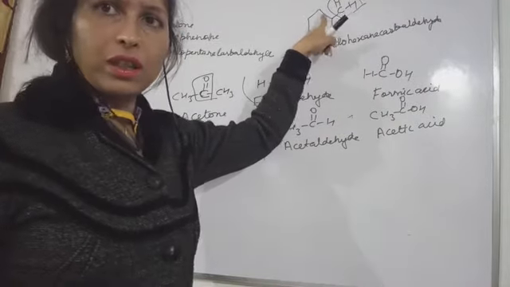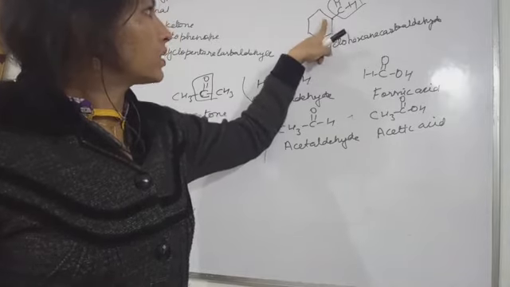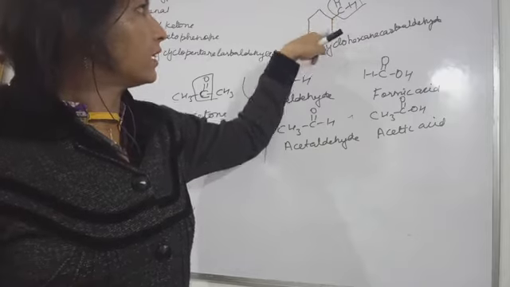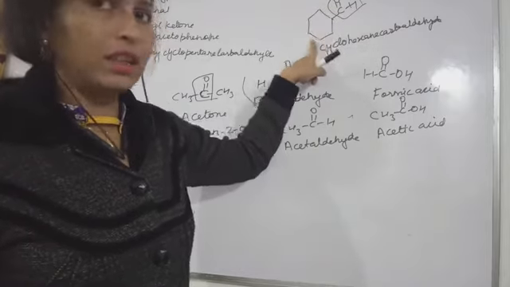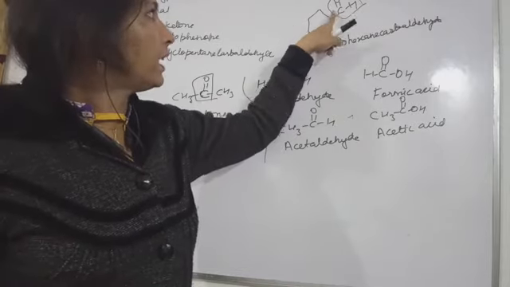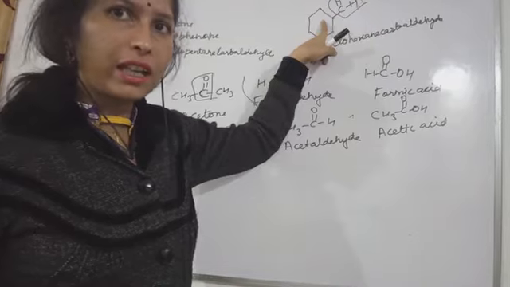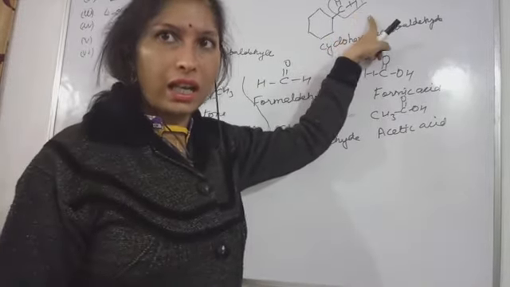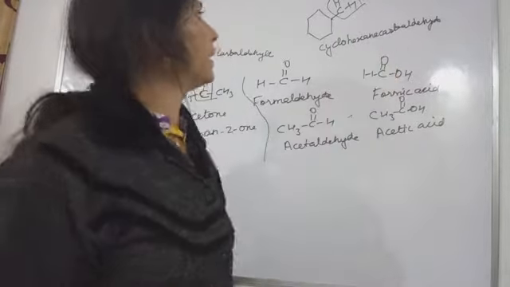The parent chain is cyclohexane, and the hex word is used because of the carbons present in the ring. If your functional group is directly attached to your cyclic ring, then instead of the suffix -al, we use carbaldehyde.